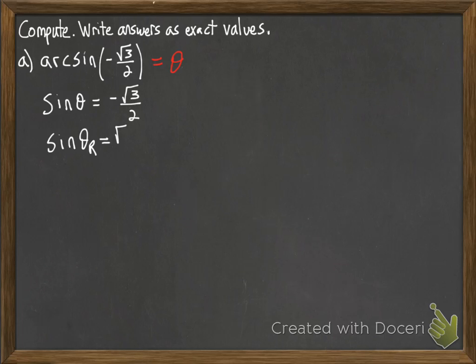But now we have to realize, once we know that reference angle, which is pi over 3, that we must put it in the quadrants only where the arc sine is actually defined, or our limited sine function is actually defined. So it has to be the range of the arc sine.